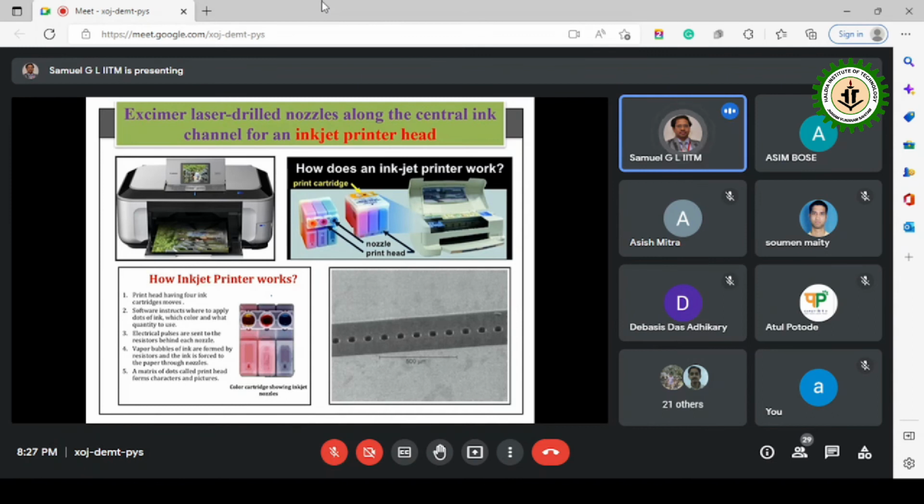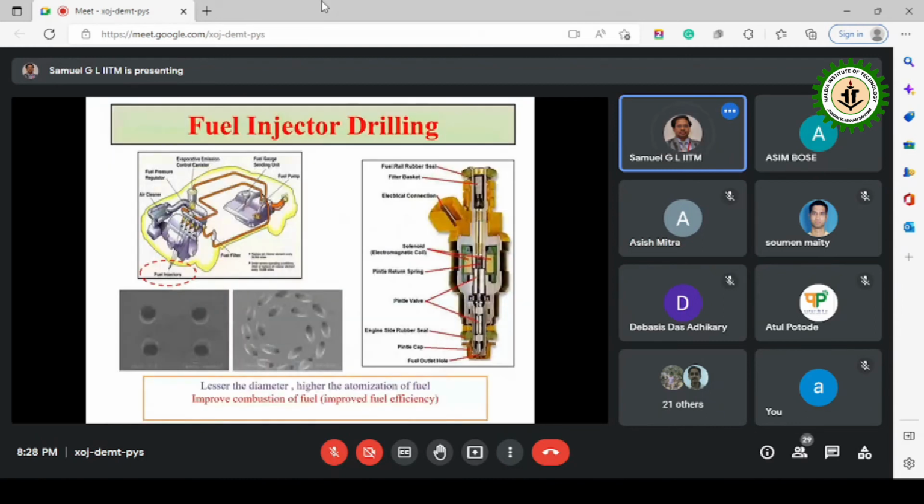If you look at some of the applications, in inkjet printers and all, the jet which will be coming out from these nozzles, the smaller the holes, the finer will be the print. Thousands of such holes will be required, and we can make them by using lasers.